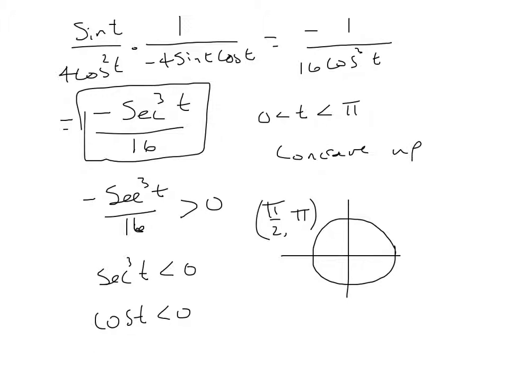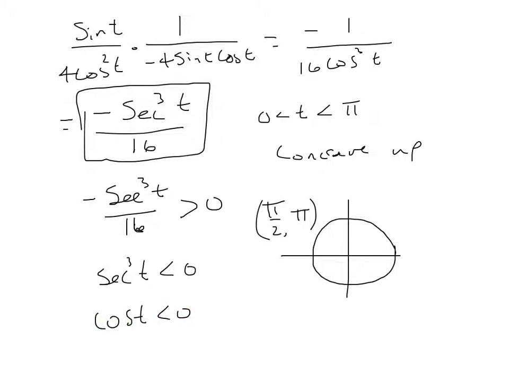Now, if we want to find where this thing is concave up, that's going to happen where the second derivative is positive. So we're just going to take that second derivative and set it greater than 0. And if this is going to be bigger than 0, it's going to happen when the secant cubed is less than 0. Well, if the cube of the secant is less than 0, then it must be that the cosine is less than 0.